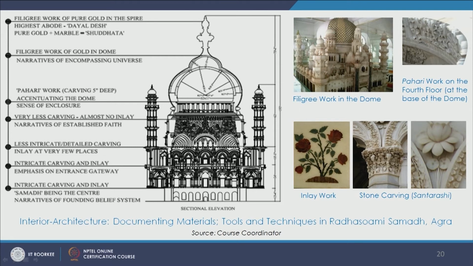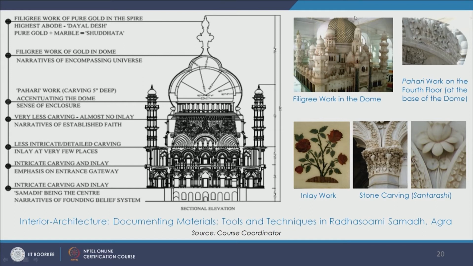So we discussed certain techniques. Over here we see the filigree work which is in this dome, then we see this very intricate and deeply detailed stone carving which is done in marble, here at the base of this dome. We saw the stone inlay work, and we saw the stone carving which is called Santarashi.